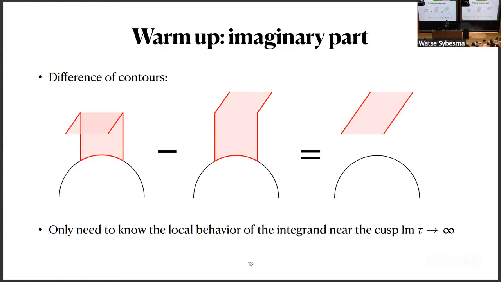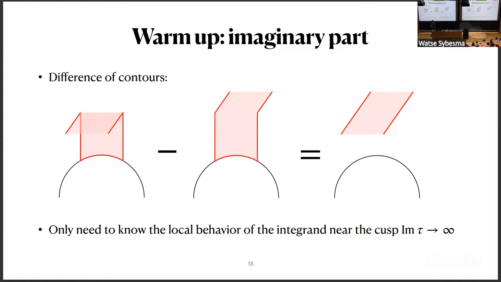You just have to take the difference of the 2 i epsilon prescriptions. So if you fold the contour in this direction, you use one sign of the i epsilon prescription. If you fold it in the other direction, so going into the slide, you have the other sign of the i epsilon prescription, and the difference gives you the imaginary part. And so the imaginary part is this contour that kind of only goes now through the slide.